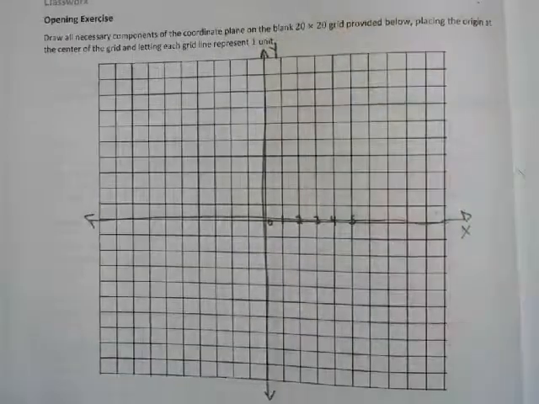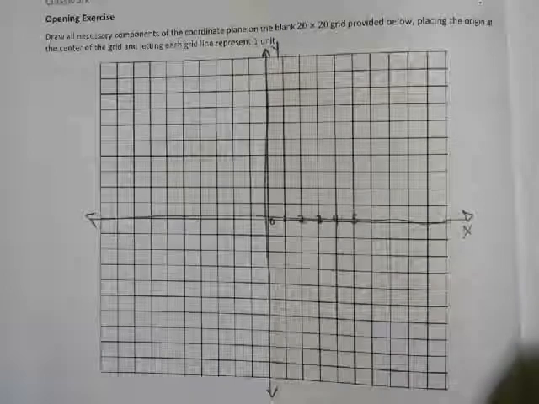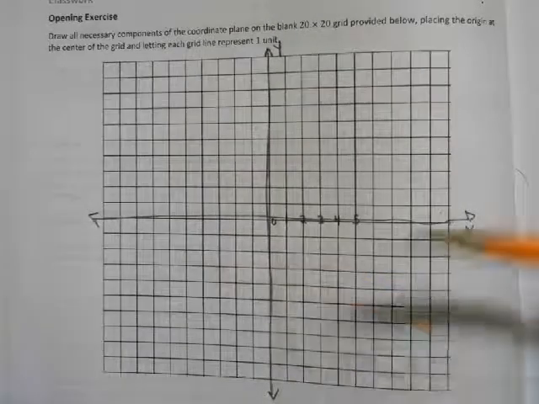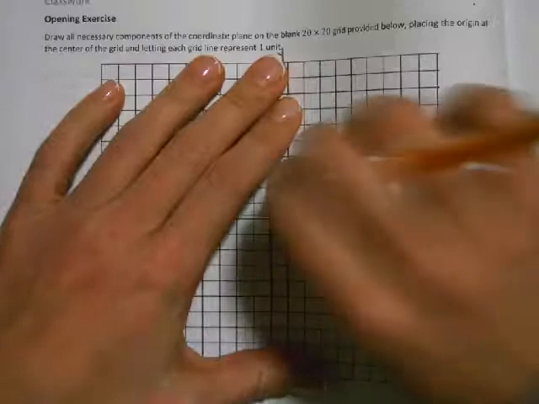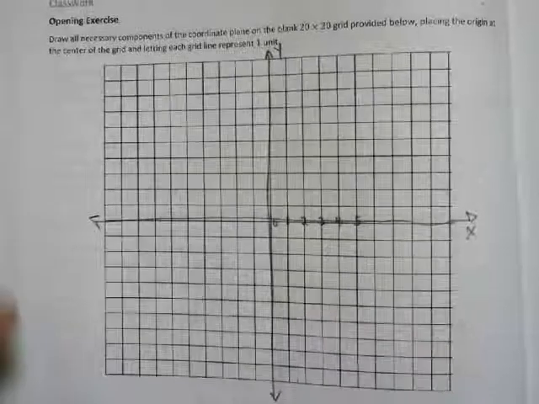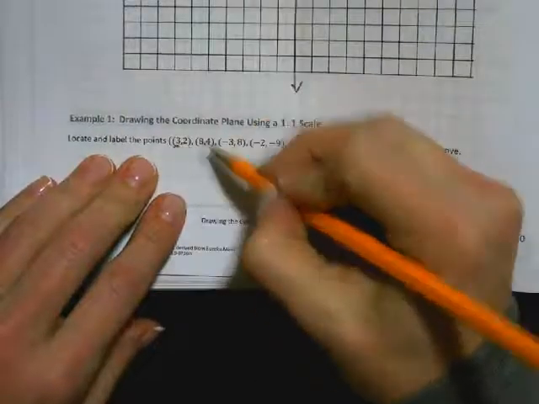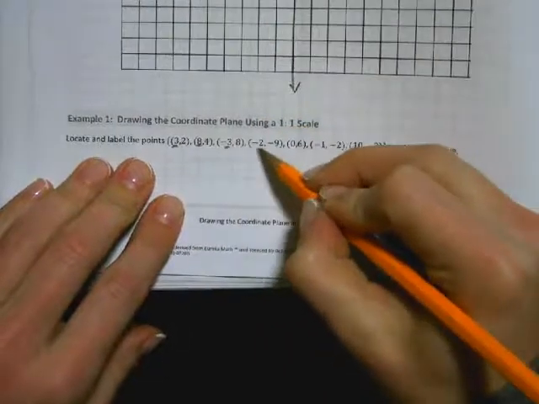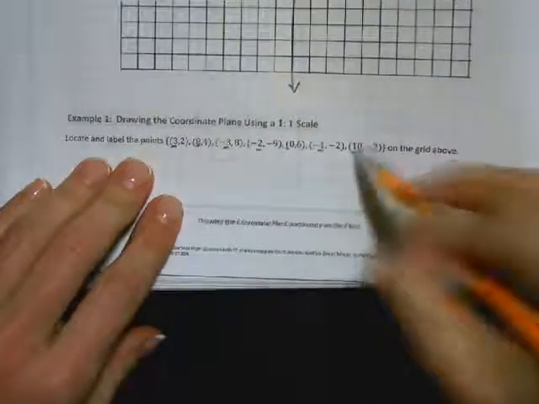It says it represents 1 unit. But if I look down here at the bottom, I don't need to be counting by ones. Well, here, let me show you what I'm talking about. Down here, I'm just looking at my x's, and I have a 3, an 8, a 3, a 2, a 0, a 1, a 10.